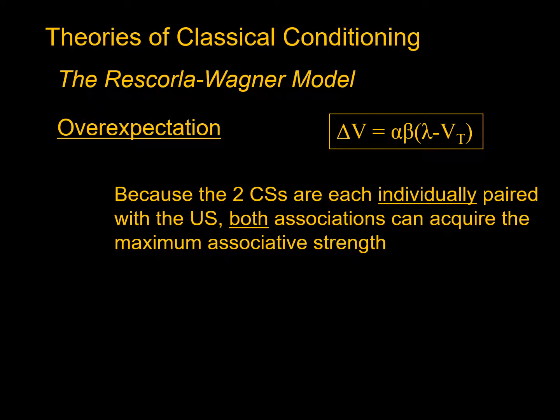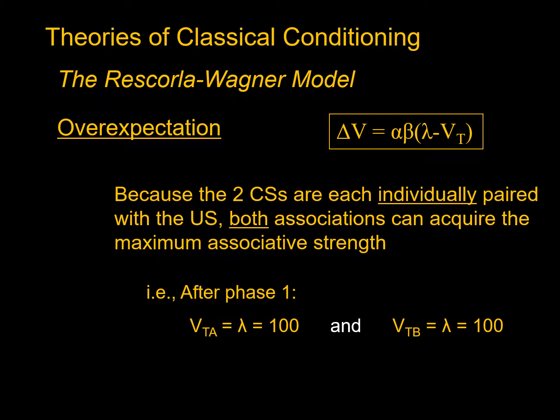So in this situation, both the light and the tone could acquire 100 units of associative strength. They could acquire all the associative strength that that US is capable of providing. So V sub T for the light would be equal to lambda, equal to 100, and V sub T for the tone would be equal to lambda, which is equal to 100. So both associations have acquired 100 units of associative strength.